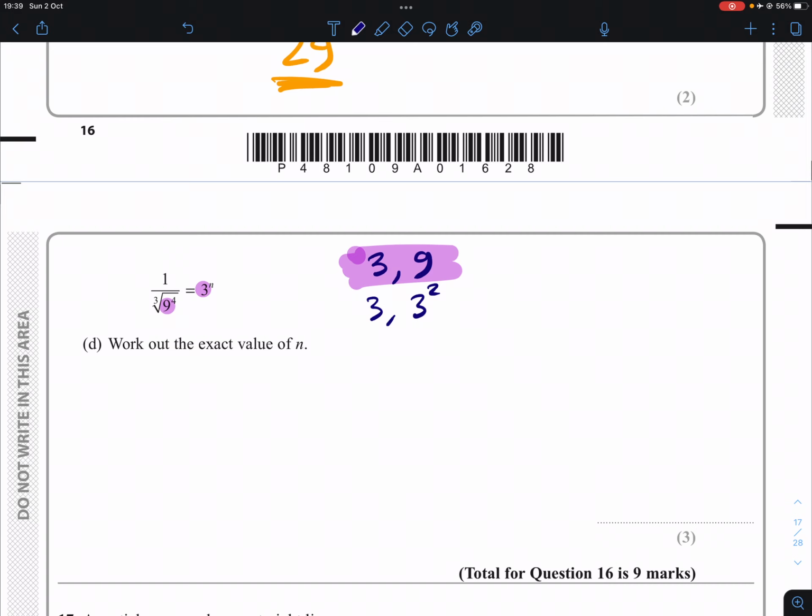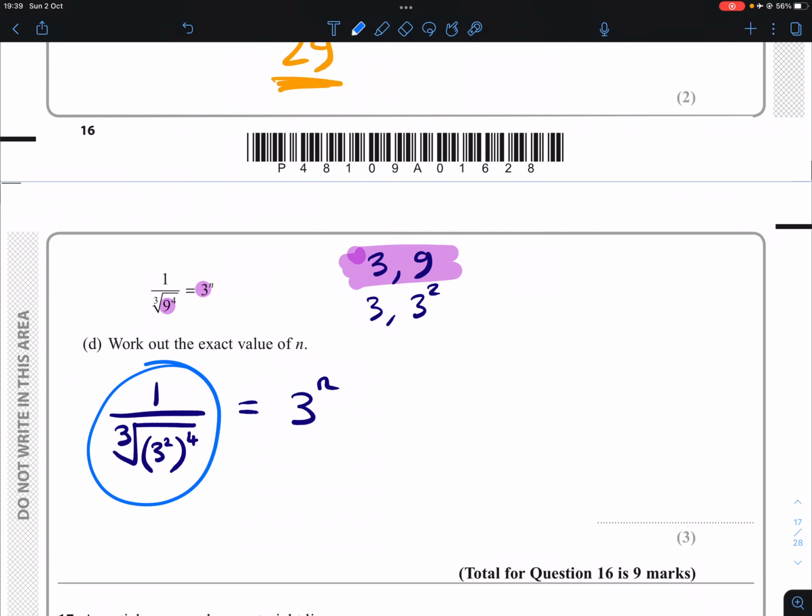So if I do that, here's what I'm going to end up with. 1 over the cube root of, in a bracket, 3 squared, close bracket, all to the power of 4. On the right-hand side, 3 is just 3 to the power of 1. I don't need to do anything with that, so we still have a 3 to the power n as follows. What comes next then is on both sides of the equal sign, simplify fully using all of the laws of indices that you know.